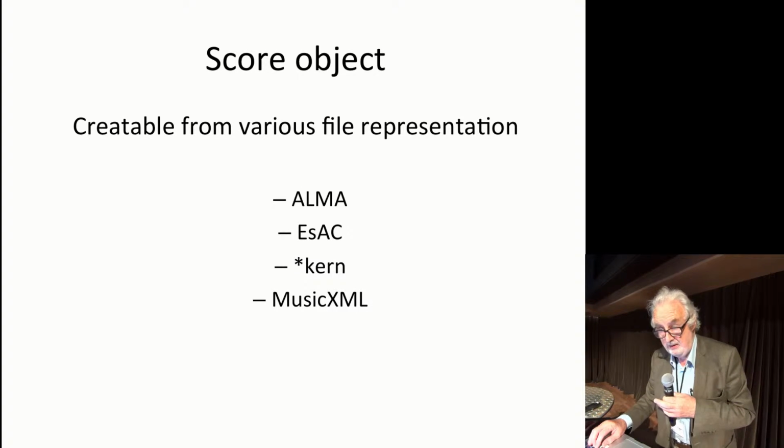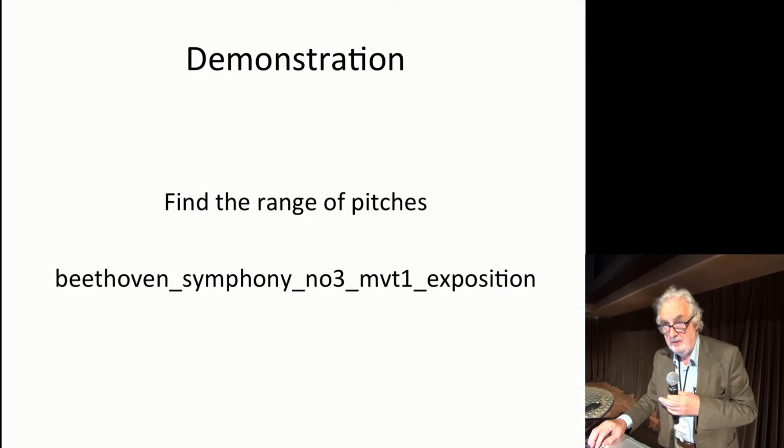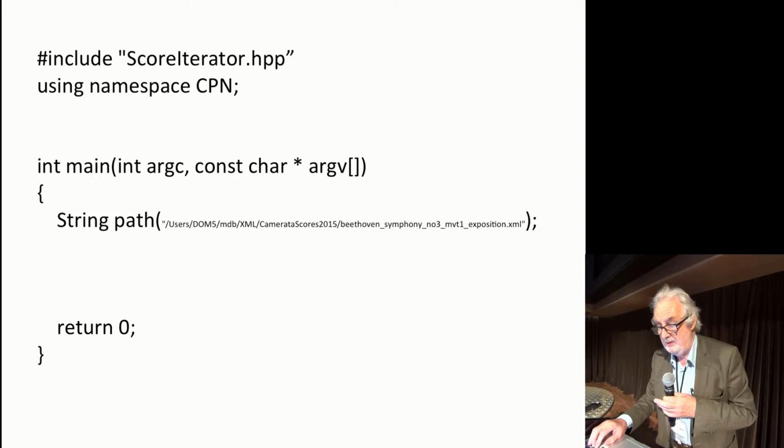Now I'm going to illustrate how the system works with a demonstration to find the range of pitches in Beethoven Symphony No. 3 exposition, first movement. And a program is created. This is just a shell of a program that does nothing, just sets up the environment for CPN.